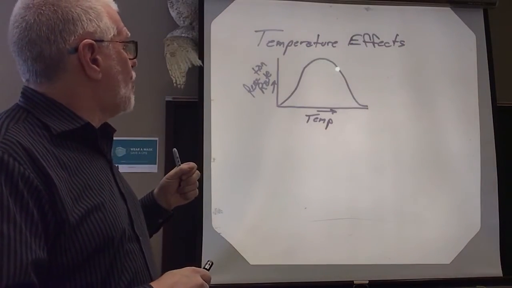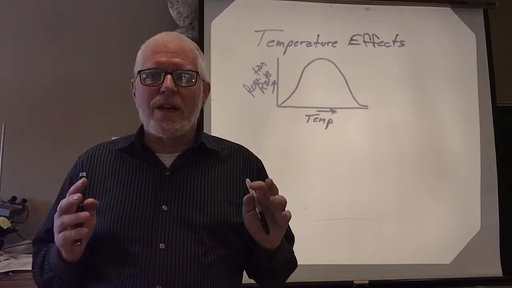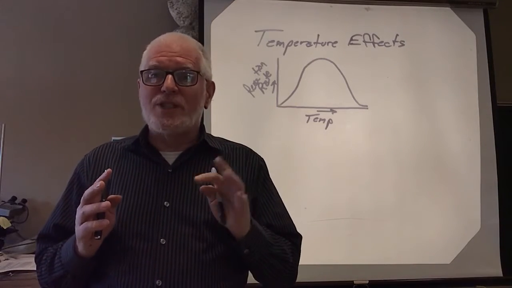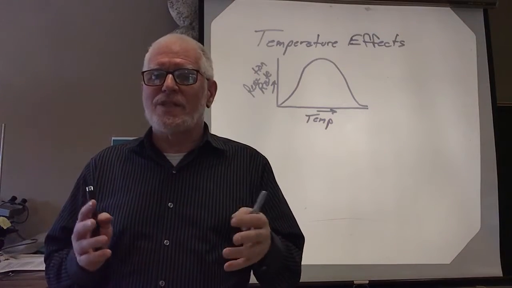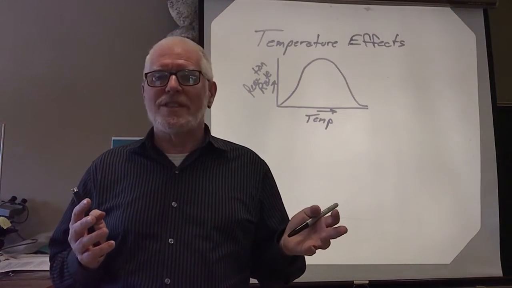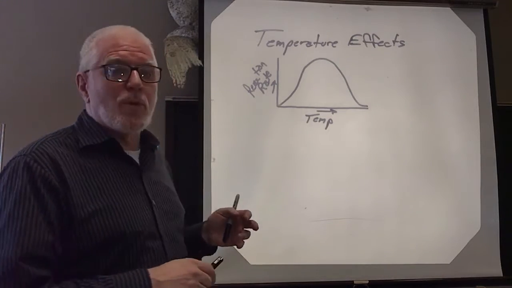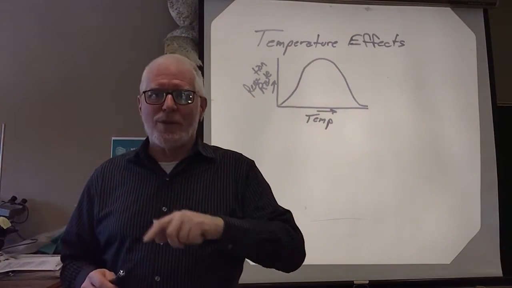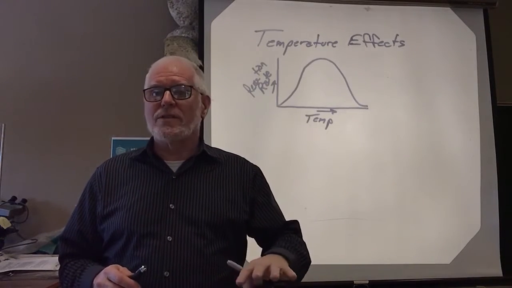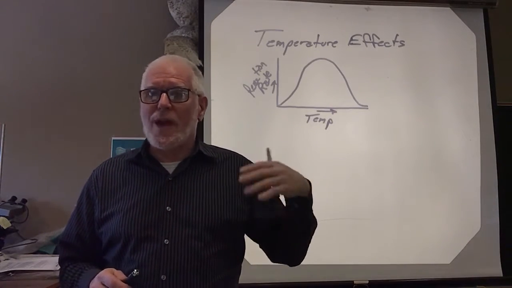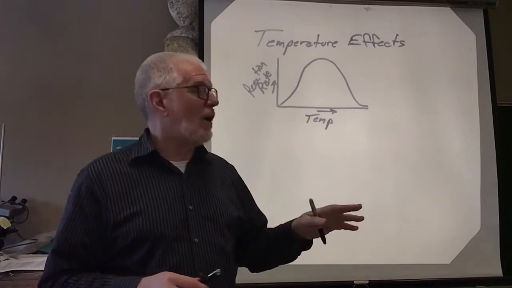So as it gets warmer, you don't have as many enzymes working because some of them have changed into a shape where they're not functional. You've changed the shape of the active site, they're not grabbing stuff anymore. And the warmer it gets, the more enzymes are denatured, remember denatured? And so they're not working, so the reaction rate falls. You need the enzymes in order to get the reaction rate rolling.